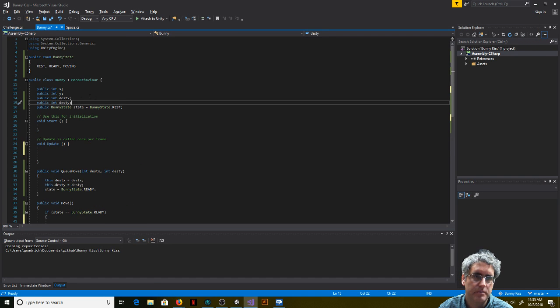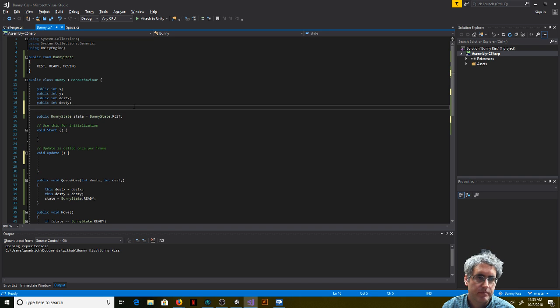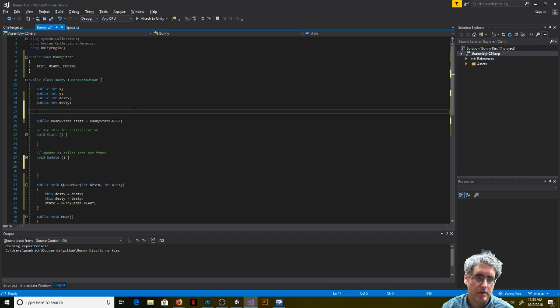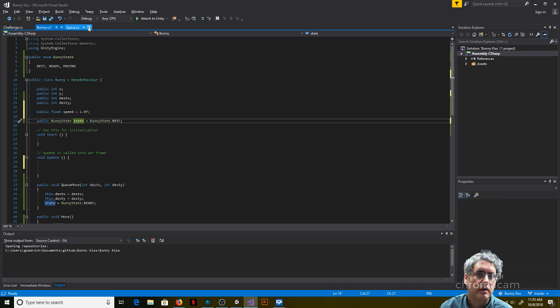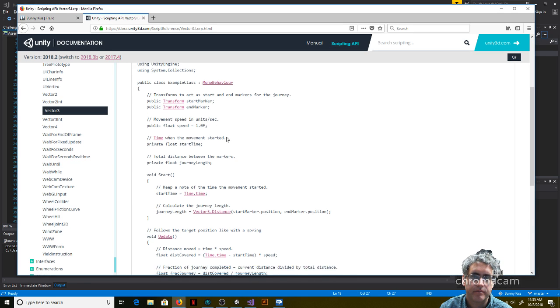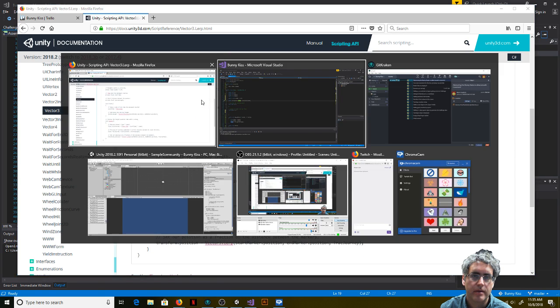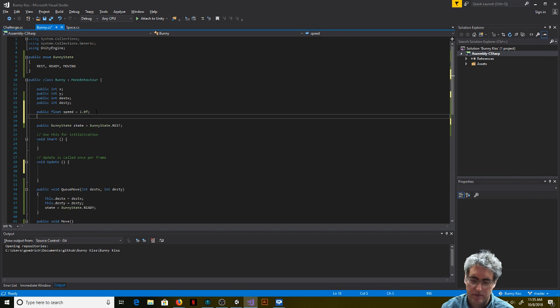Oh, let's start adding some things in here to my bunny. I'm going to get this bunny to move today. Float speed. I need float.